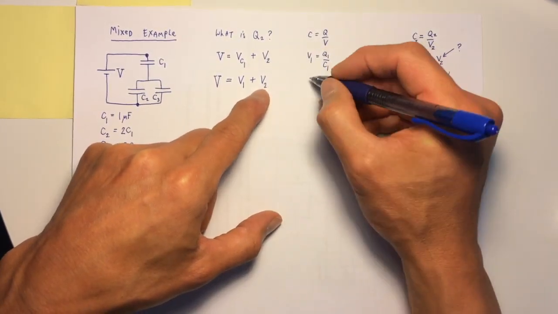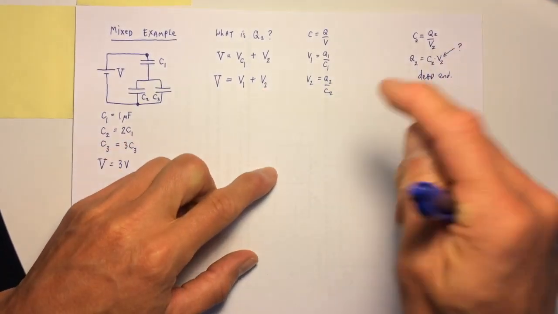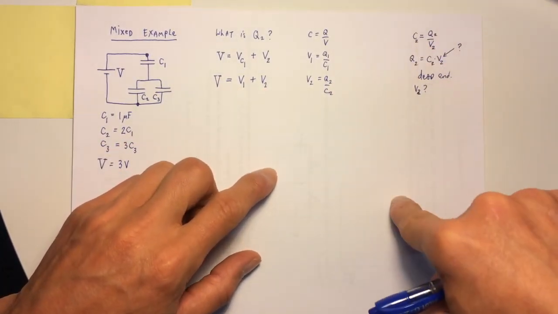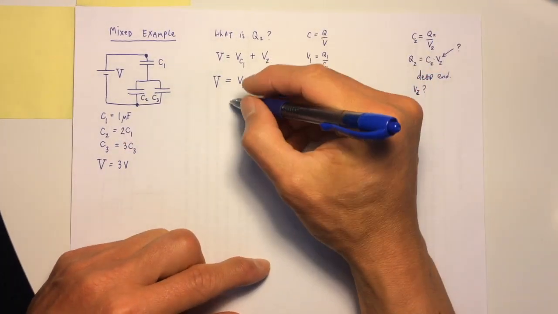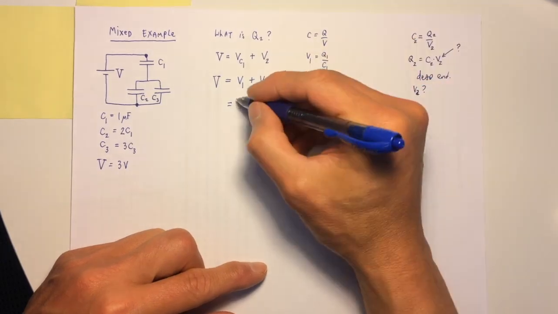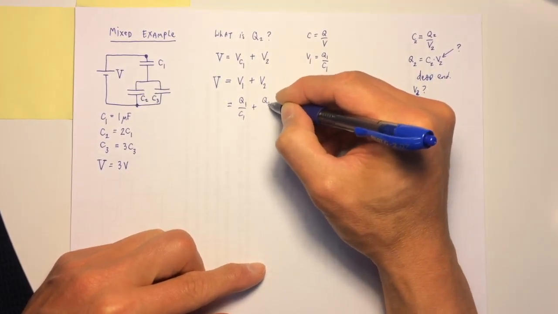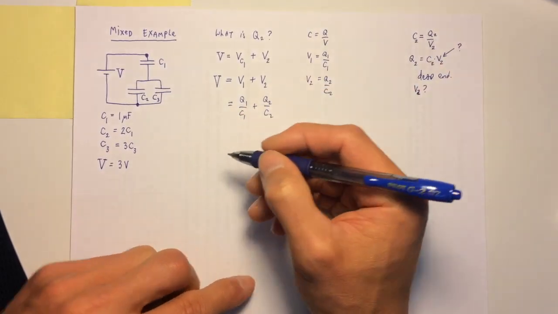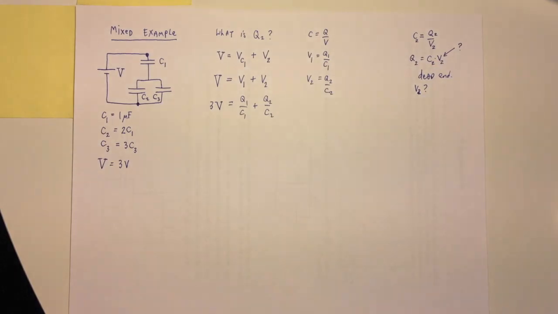And likewise, there's a really similar thing: you would just write Q2 over C2. I actually already had that over here. So let me put these here and see where I can get. V1 is Q1 over C1, and V2 is Q2 over C2, and that is equal to 3 volts.